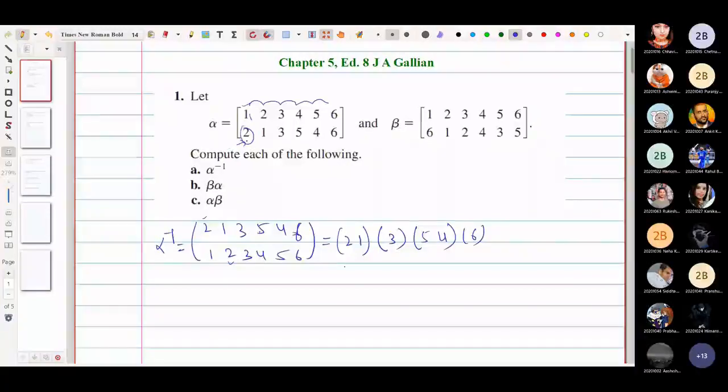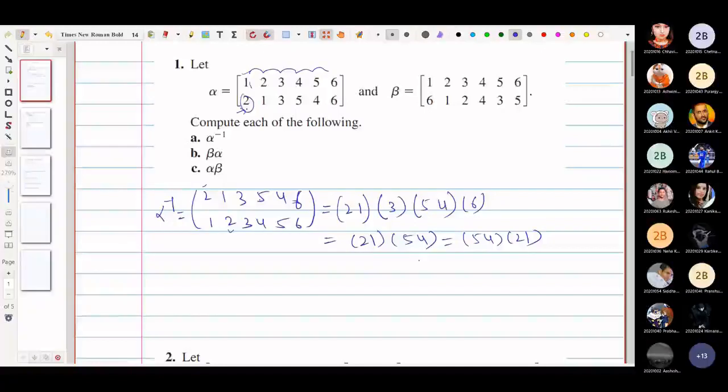Because single cycles can be skipped, we have (2 1) and (5 4). These two are disjoint cycles, so we can very much write (5 4)(2 1). There is no problem. I guess you got how to find the inverse. The rest, that is, if you want to find beta alpha and alpha beta, I think you can do.